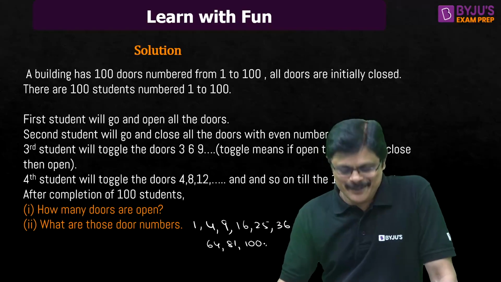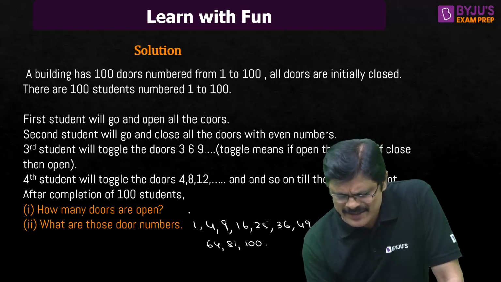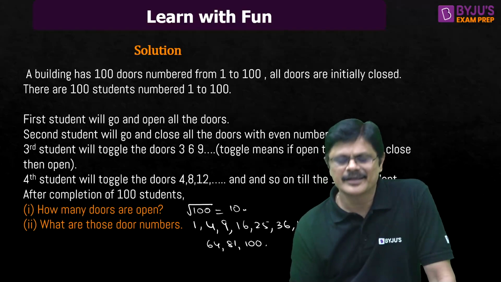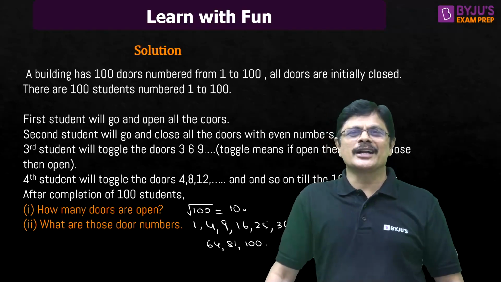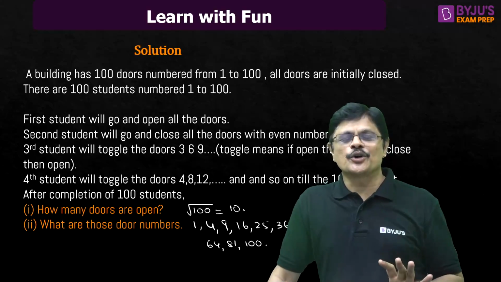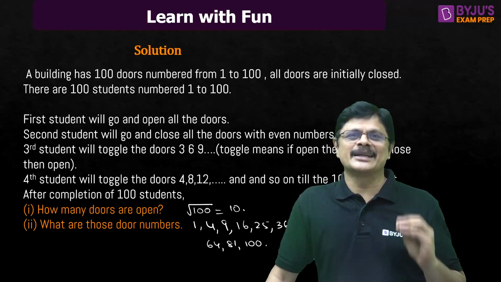How many are there? You can simply do it: 100 numbers are there, you just take the square root of 100. You will get the answer, 10 numbers. So those are the perfect squares, my dear friends, and these are the doors which are opened ultimately.